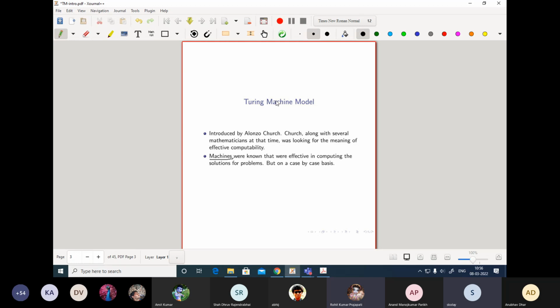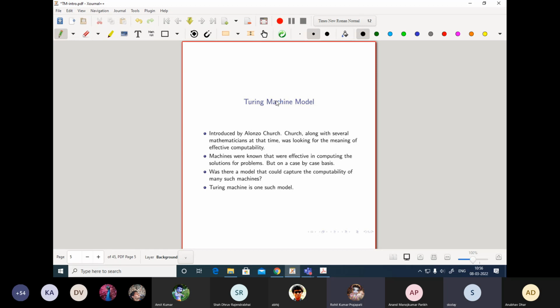They wanted to know what it means for a problem to be computable. So far it was a case by case basis depending on the problem, and they wanted to find out whether there is a machine model that could capture the computability of such separate algorithms.